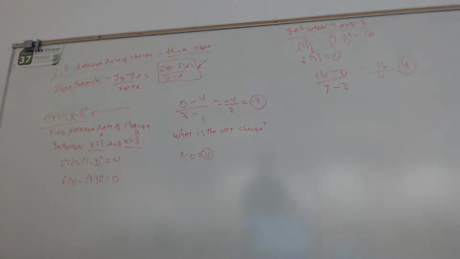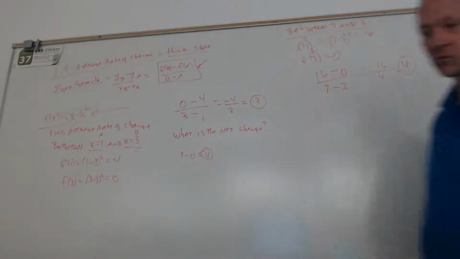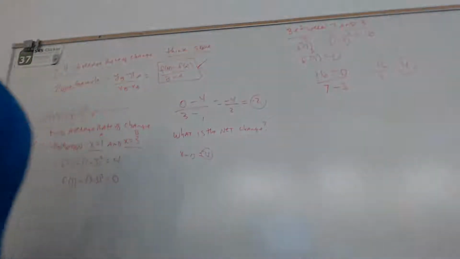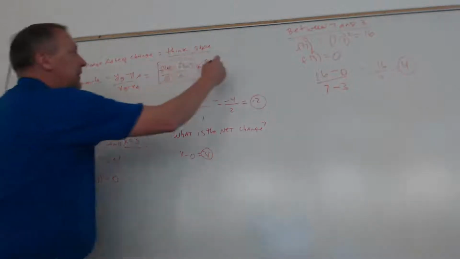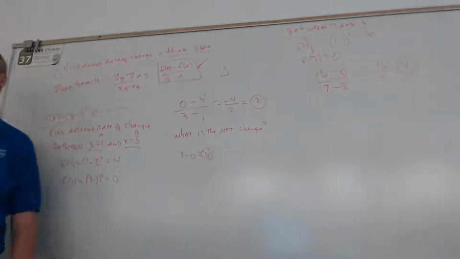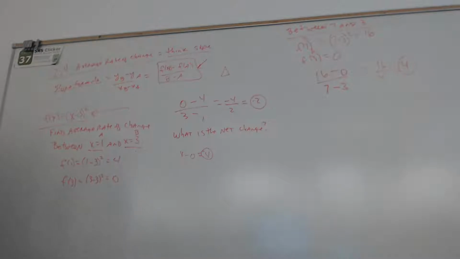Okay? Is there a symbol or way to write out average rate of change? Or is it always going to be written out average rate of change? In this book, I don't think they use any symbols. In calculus, sometimes they'll use, it looks like a triangle, but it's the Greek letter delta. Okay?